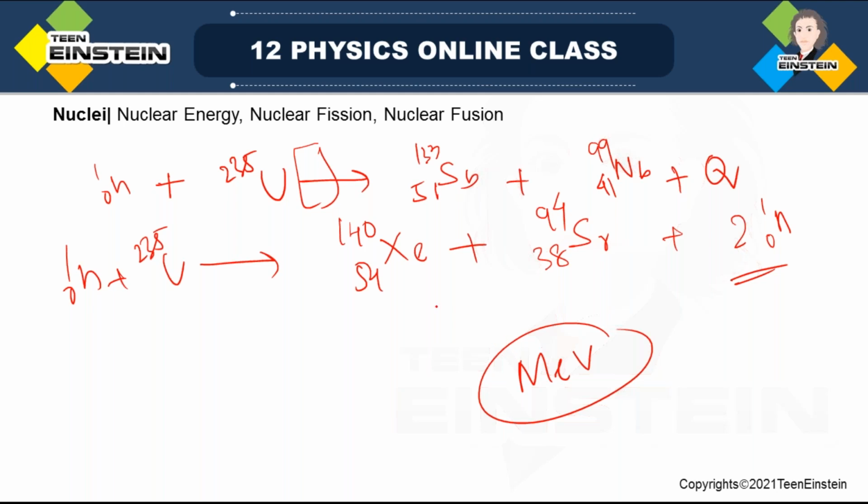So that's why in a natural coal thermal plant, natural chemical reaction happens, and in that case we get energy of a few hundreds of kilovolt. But by having nuclear fission reaction, even from a very small amount of uranium, it can produce an enormous amount of energy.